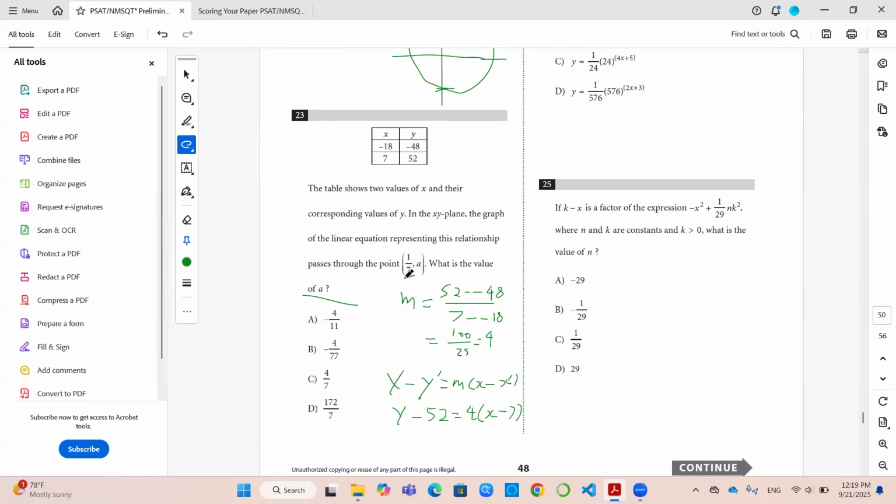And then I'm going to go ahead and put my 1 over 7 here. Y is equal to 4.